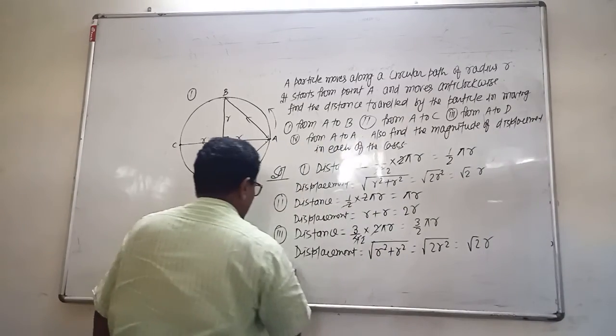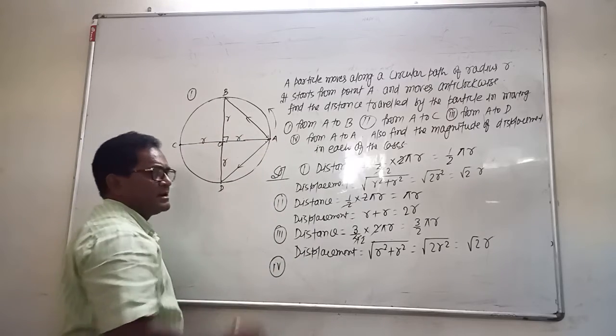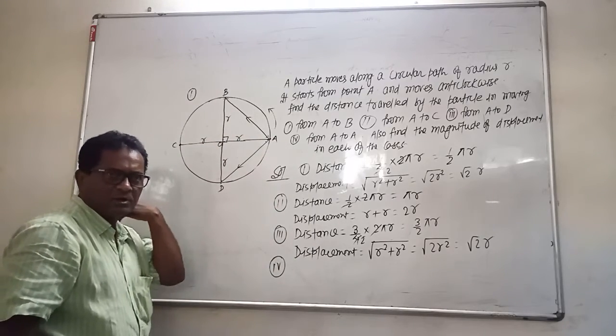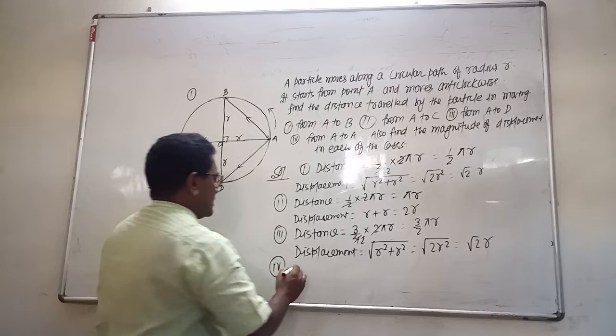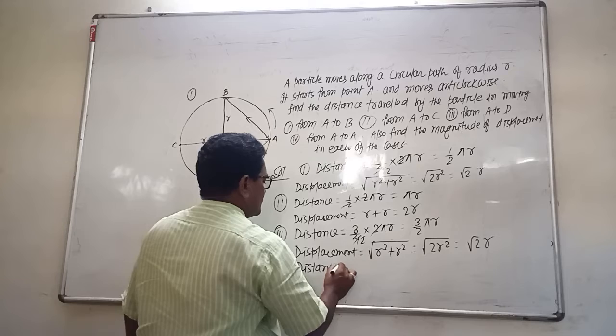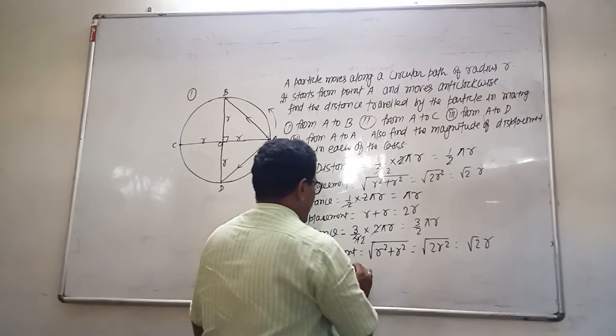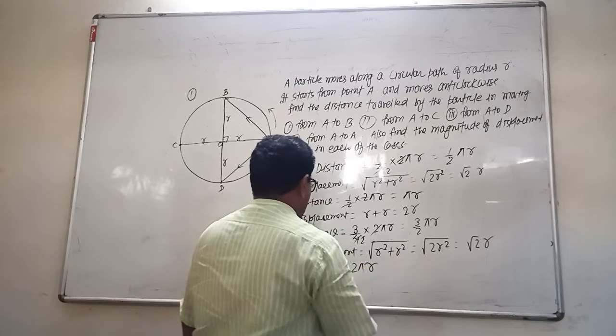And in the fourth case, when the particle goes from A to A, it returns back to its original position. So the distance covered is the total circumference, and circumference is 2 pi r.